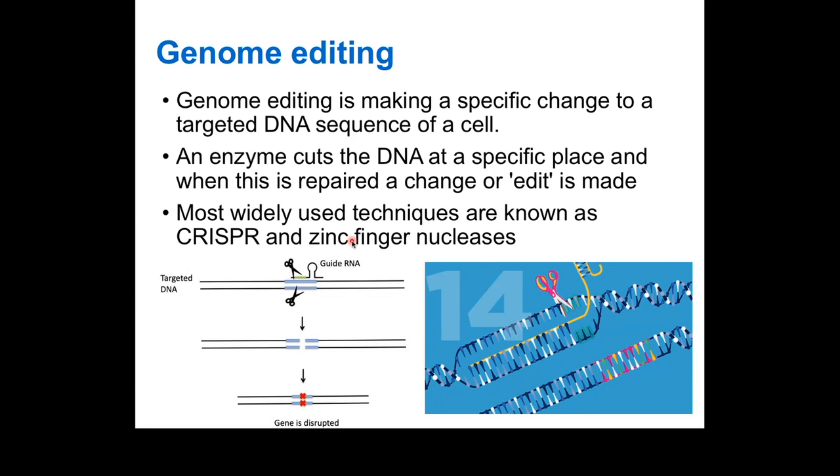The two most widely used techniques for genome editing are CRISPR and zinc finger nucleases. The CRISPR technique is the most novel technique, and I'll be showing a video of how the CRISPR technique works in genome editing.